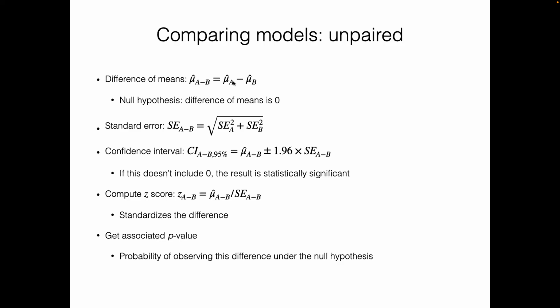So basically, if the difference was truly 0, what's the probability of observing this difference? And if this is below a threshold, then you could reject the null hypothesis, because it's basically saying that the data we've observed is very out of the ordinary. It's very rare. And so therefore we have some evidence that this hypothesis was false.